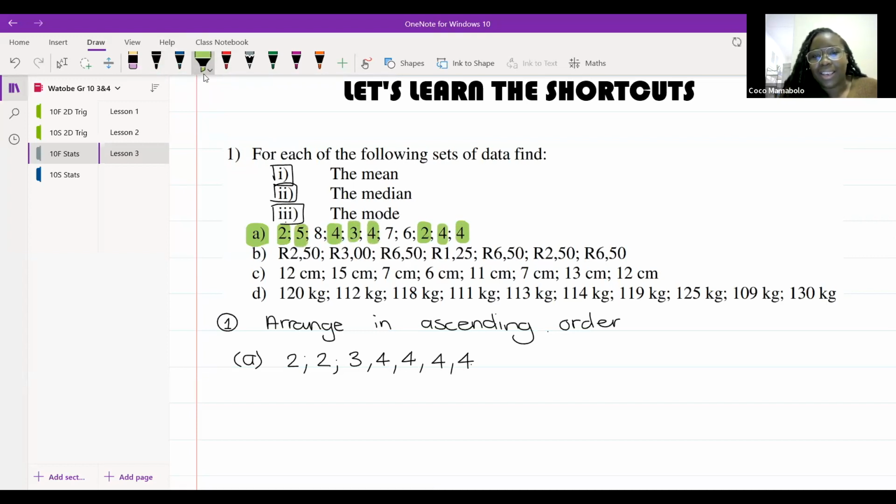So 1, 5, great. And then we're going to go 6, 7, and 8. All right, done.